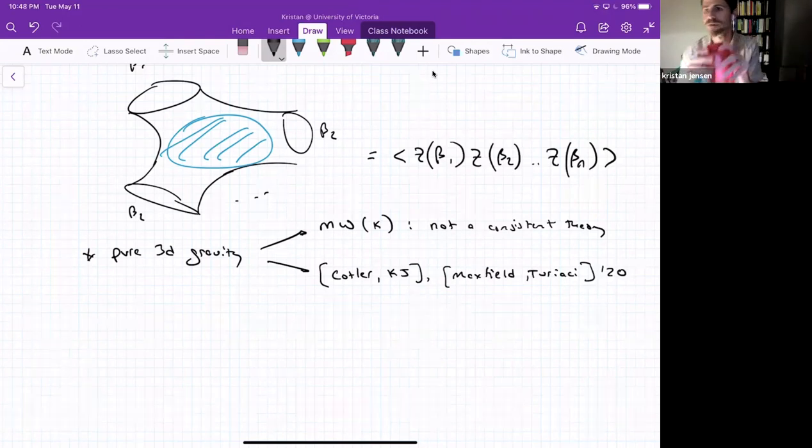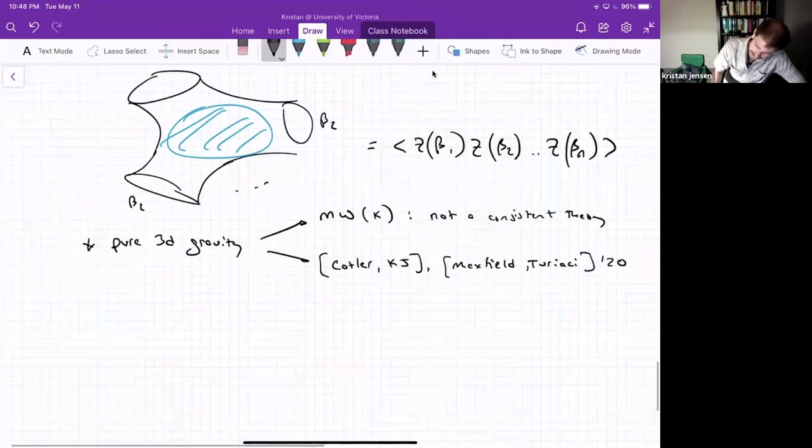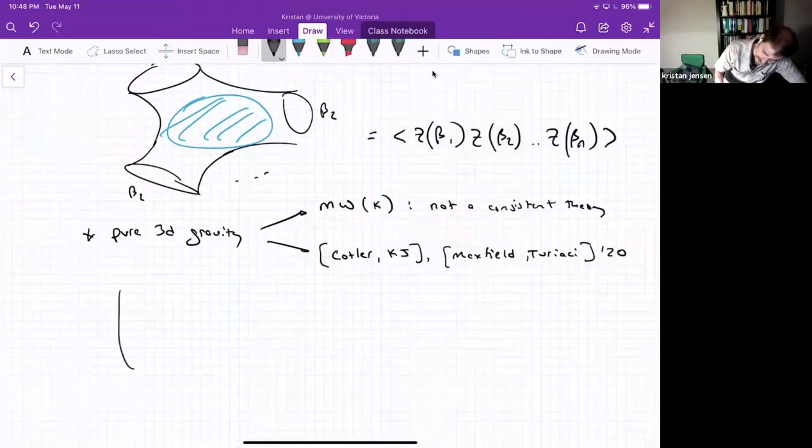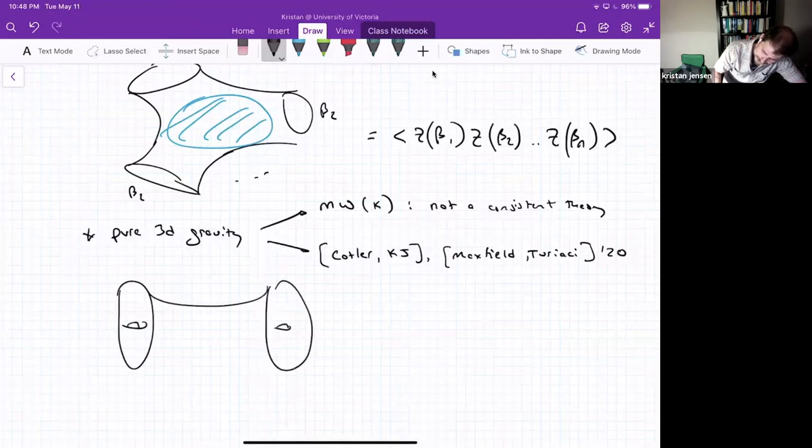And then what Jordan and I did was to look at a wormhole amplitude in 3D gravity. What we computed was sort of the simplest wormhole amplitude that you could, namely one where there's a torus on each boundary and just a bulk that smoothly interpolates between them.